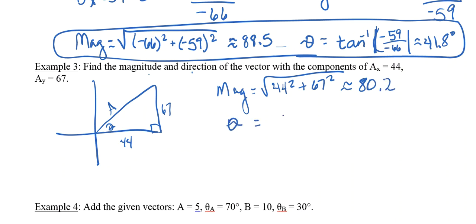And the direction is the inverse tangent of 67 over 44. Remember the y always goes on top. Inverse tangent of 67 over 44, and we have a direction of 56.7 degrees.